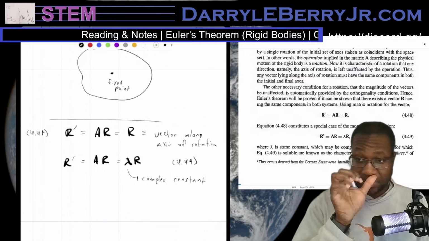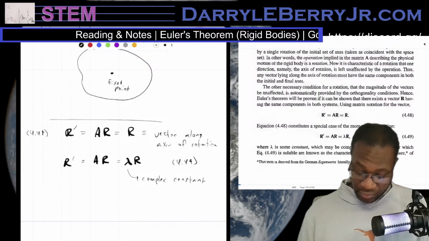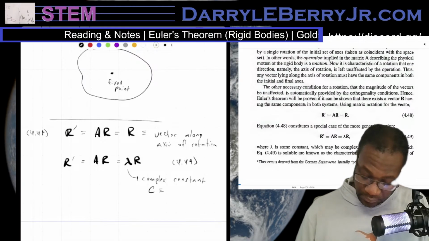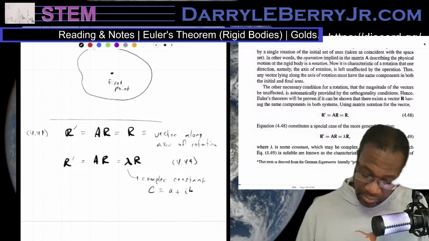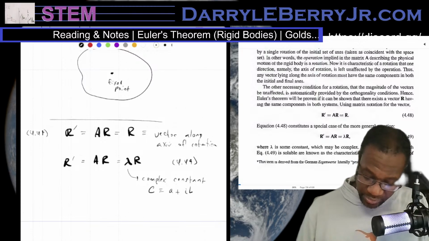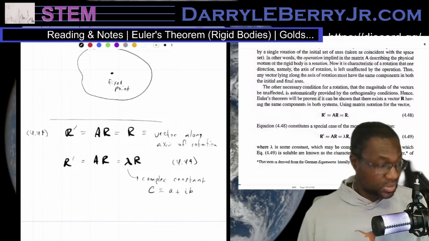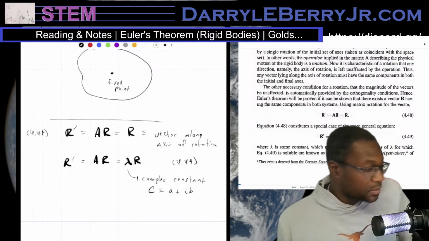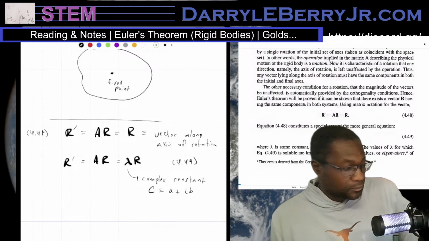Technically, you could always write it as complex, just sometimes b is 0. So a complex number is a plus ib, and b can be 0. So technically, every number is complex with a 0 for b if it doesn't have an i.